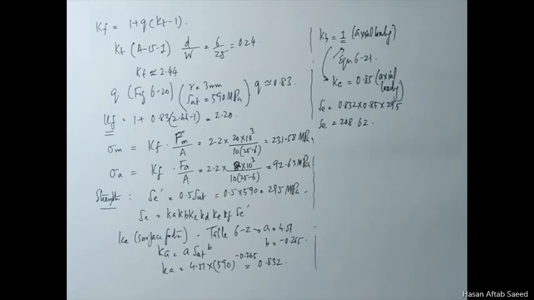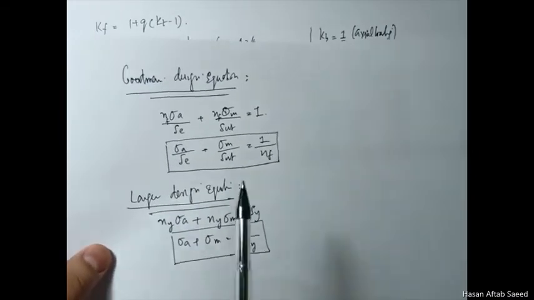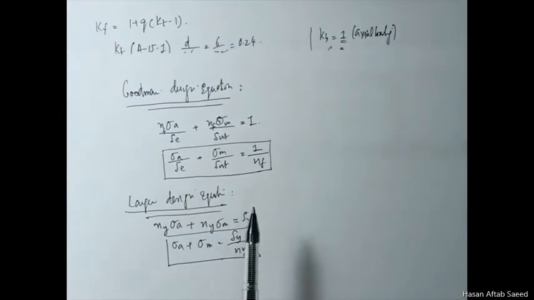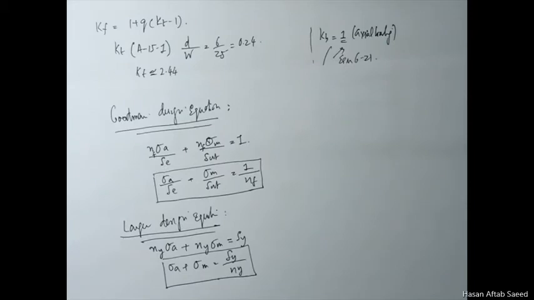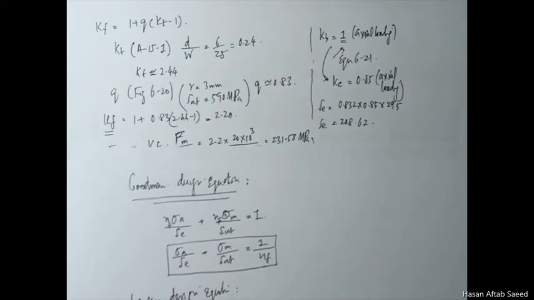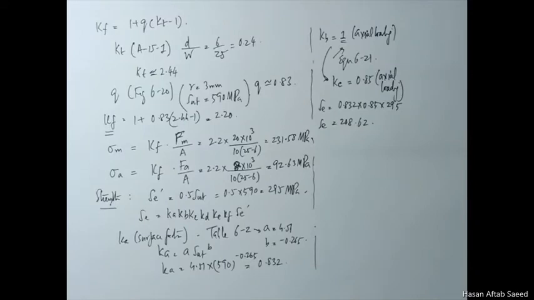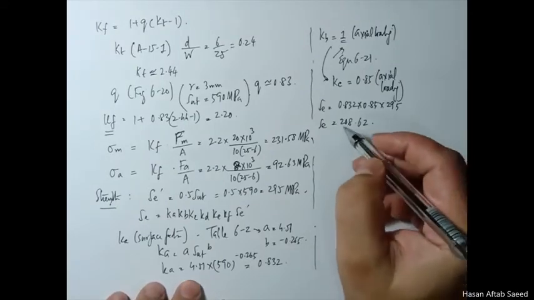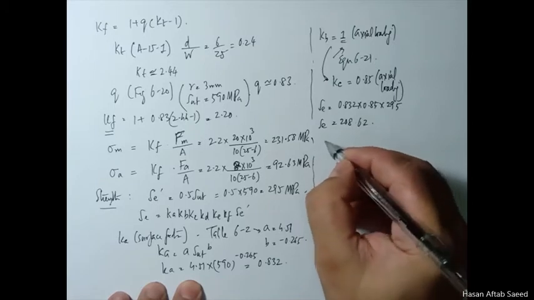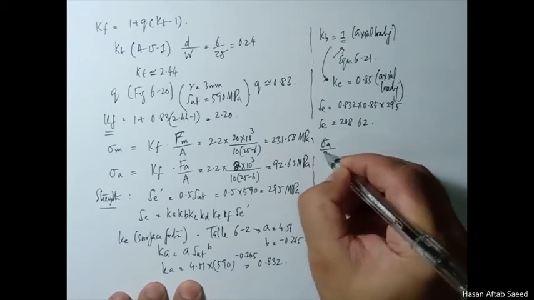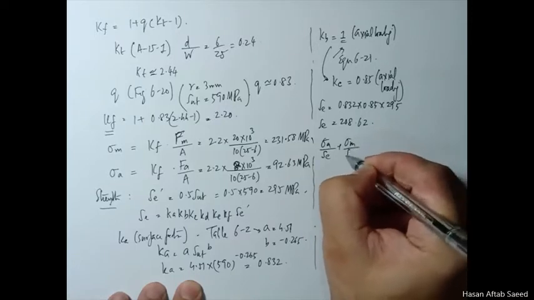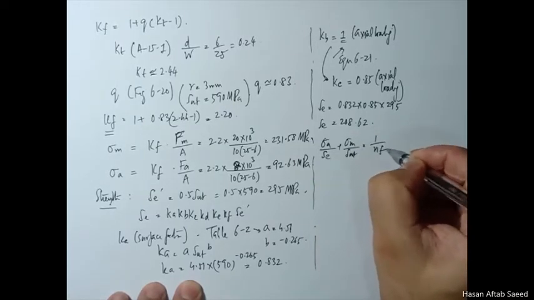Now the next step is simply using your equations. Because we have been asked to use the modified Goodman criterion, this is the equation that we are going to use. We have all the other quantities in hand. So sigma a over Se plus sigma m over Sut is equal to 1 over nf.